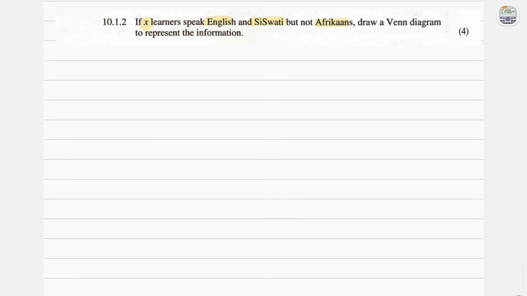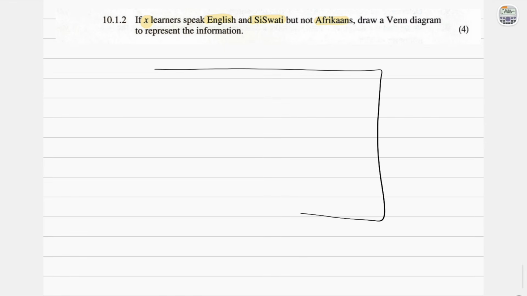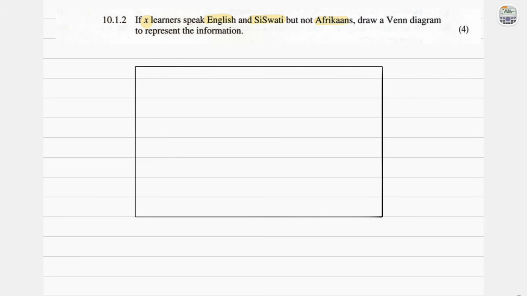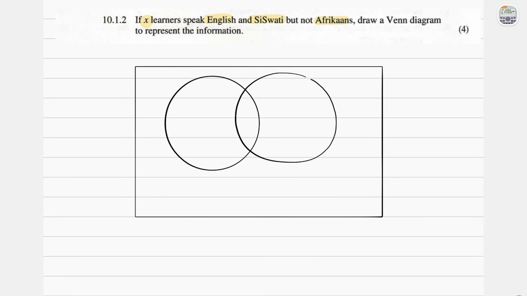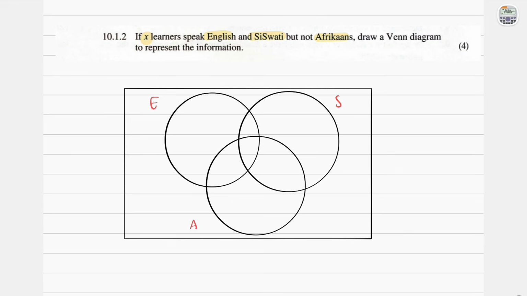Question 10.1.2 says, if x learners speak English and Siswati, but not Afrikaans, draw a Venn diagram to represent the information. So we're going to have our Venn diagram, and we know that we have 3 languages: English, Siswati, and Afrikaans. Now let's pinpoint where that x is.